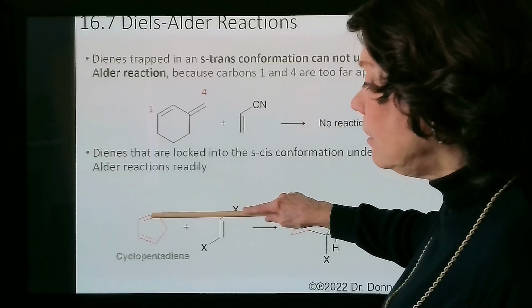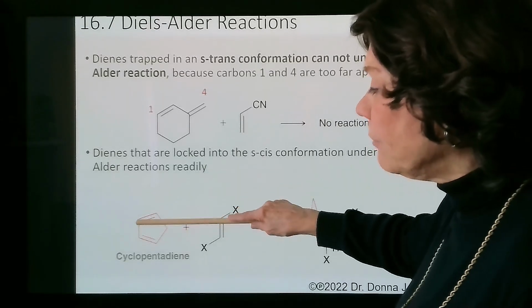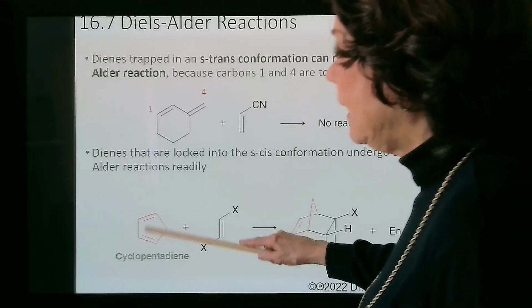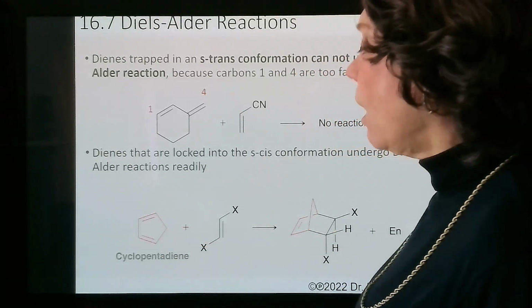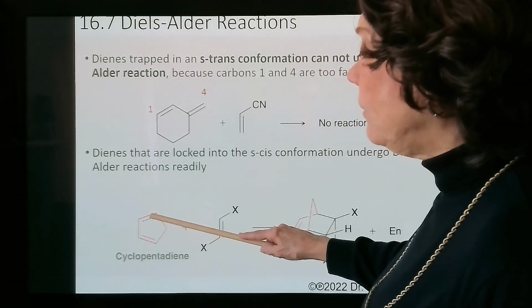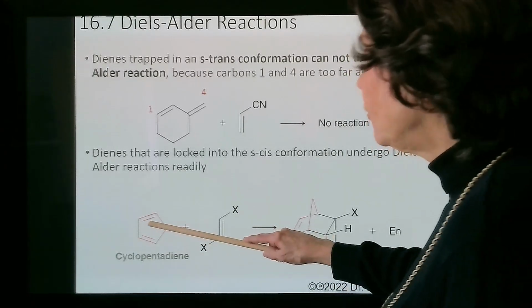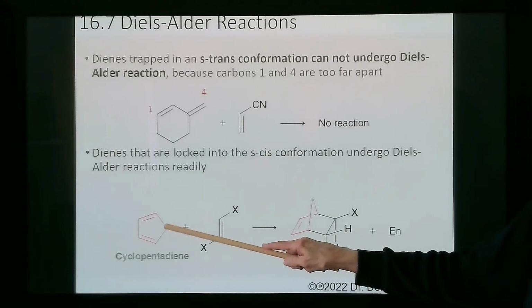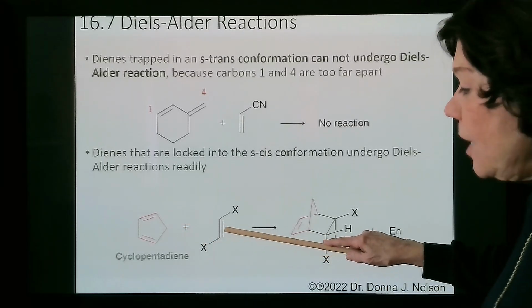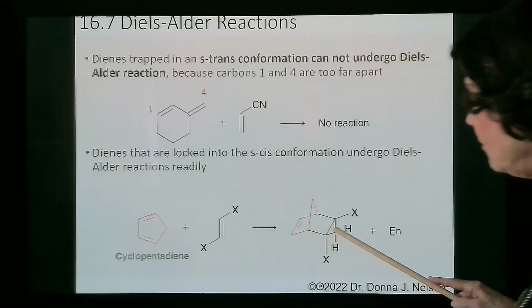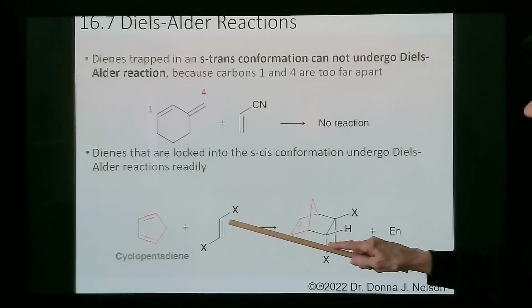And so there's no free rotation about this single bond, and they are held in the conformation that is necessary for the reaction to take place. So it is very easy for these to react now with the dienophile, and that does indeed take place.